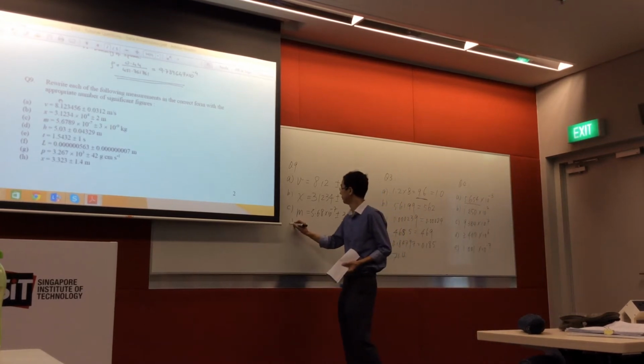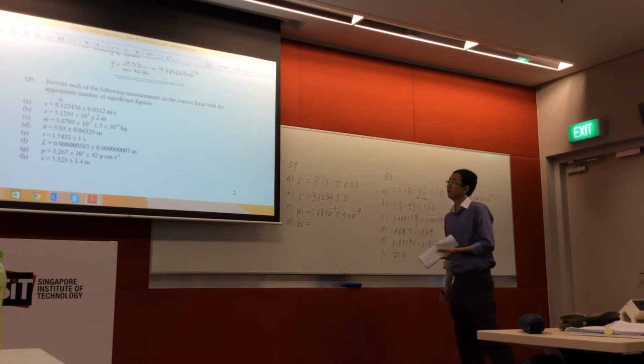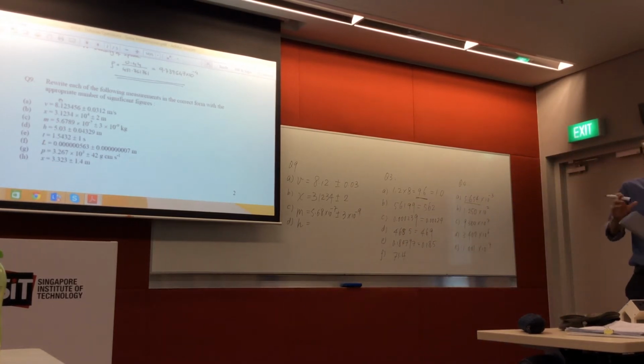Okay, again T. Anyone can give me the number? What is the uncertainty you need to report here for this case? It will be 0.04.